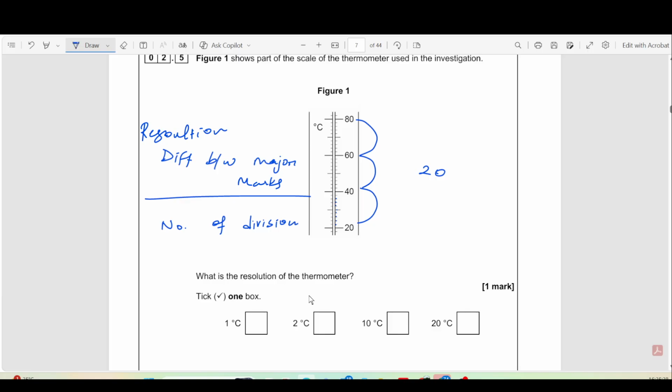So difference between major marks, suppose you take 60 and 40, you just subtract them, you will get 20, right? Difference means you need to subtract them. Number of divisions, how many small divisions are there? 10. So if you divide them, you will get 2. Okay. Sorry, 20 divided by 10, this is 2 degrees Celsius. So the correct option is this. The smallest change the thermometer can show is 2.